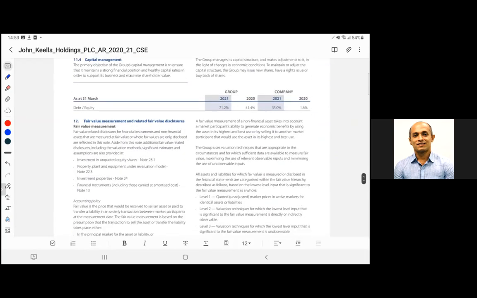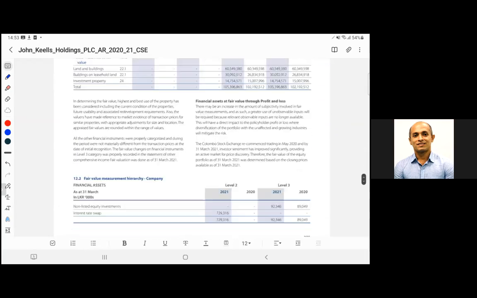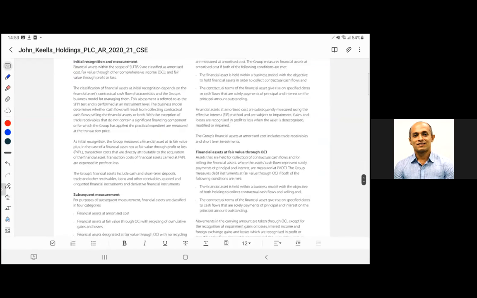So let's see the property, plant and equipment accounting policy.